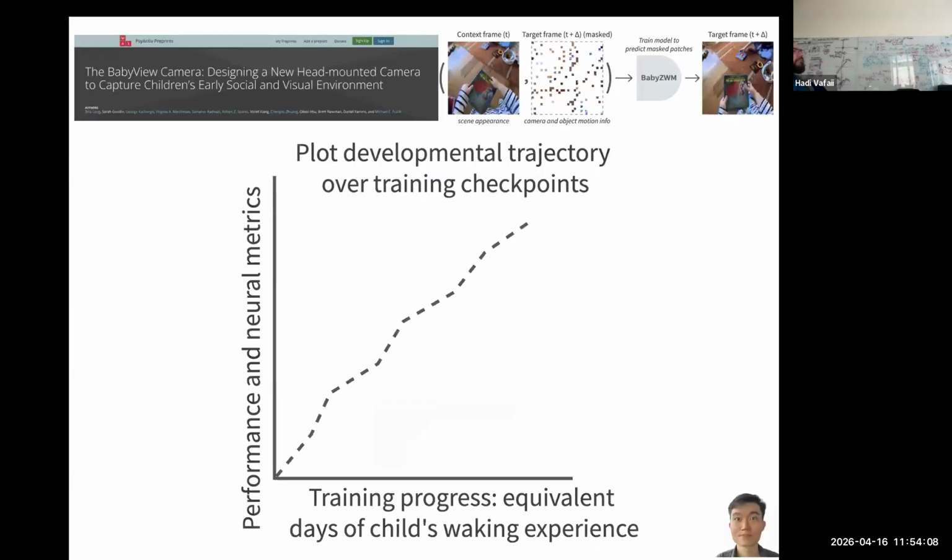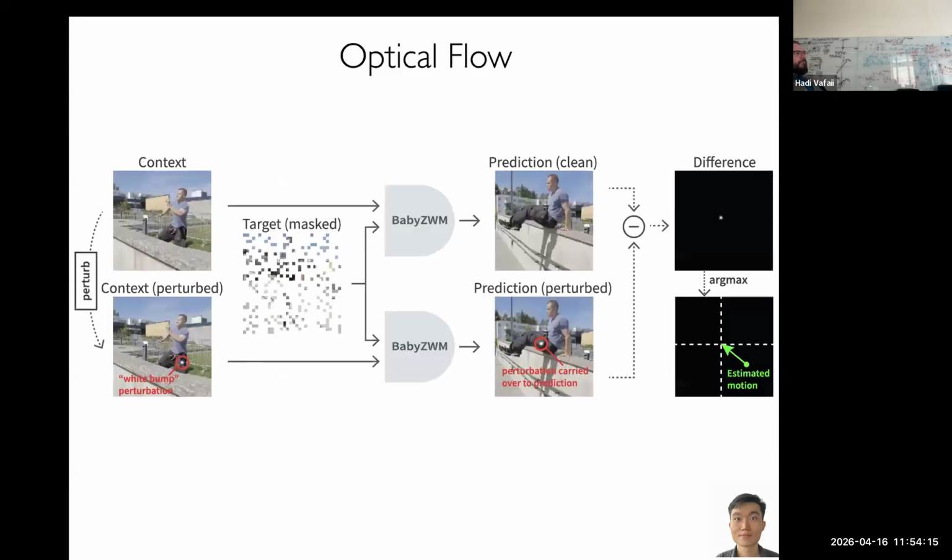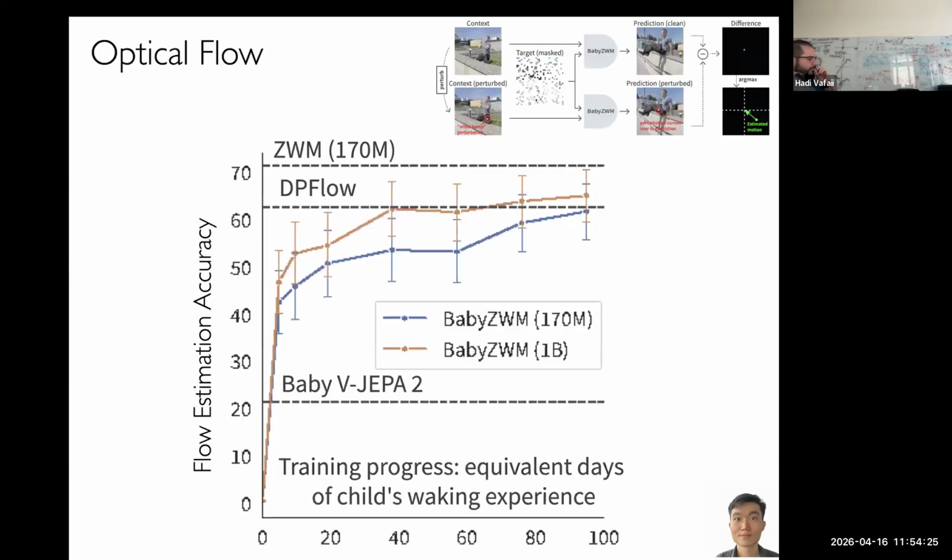And so what you can do is plot various, quote, developmental trajectories. It's a little bit grandiose to call them that, but you can see how the model makes things happen over time for optical flow or segments or whatever, and the whole spectrum of things that I've just told you. Optical flow is basically constructed in that counterfactual program the way that I just told you. And it turns out that you get it very well.